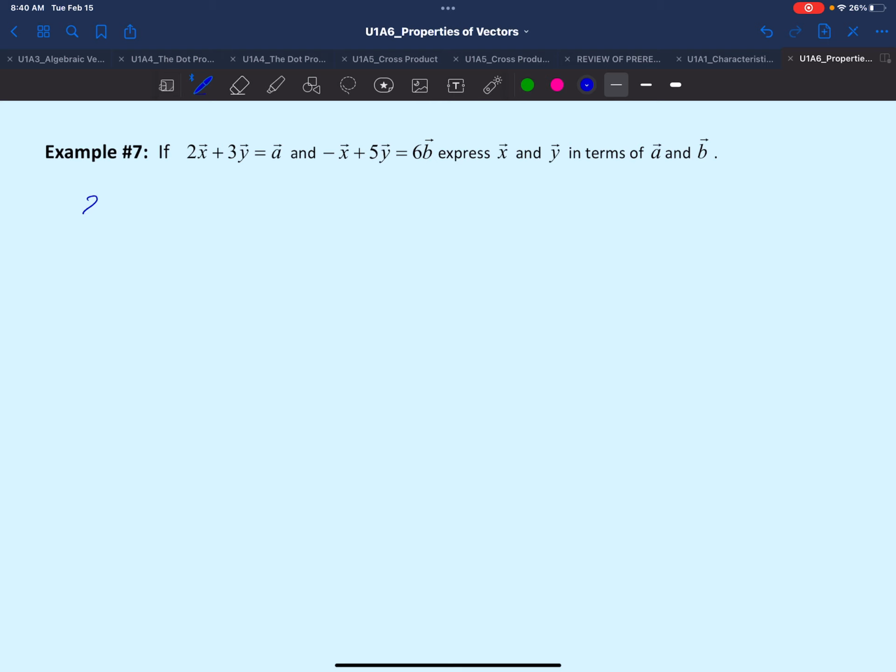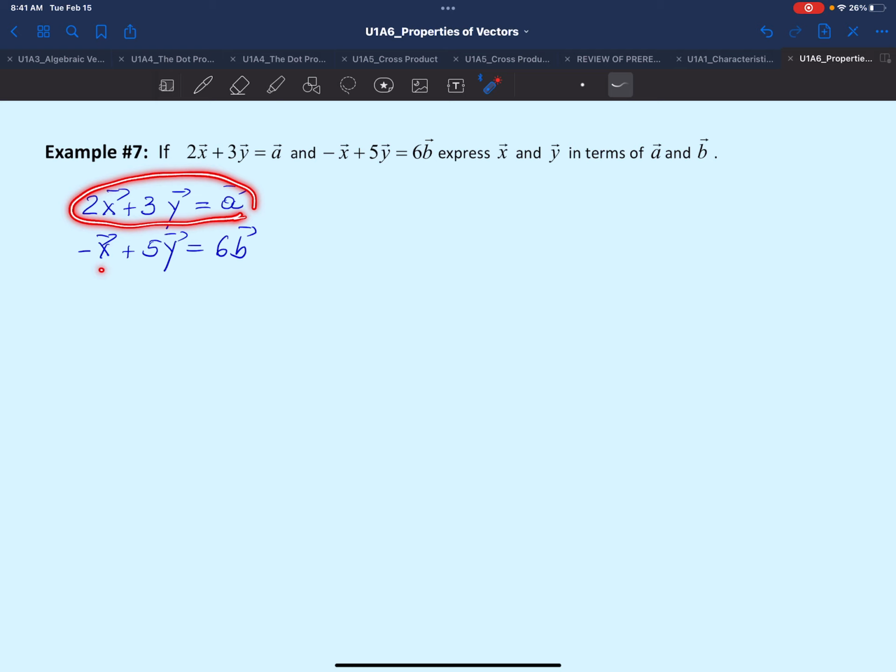So first I'm going to start off by writing the 2 equations given. So what we have is 2x plus 3y equals vector A. So they're all vectors here. And we have negative x plus 5y equals vector 6b. So as you can see in here, we have x and y and a, so related, and x and y and b.